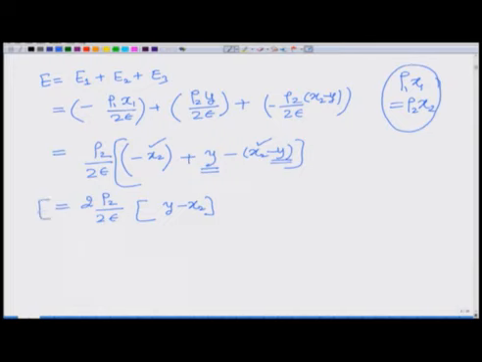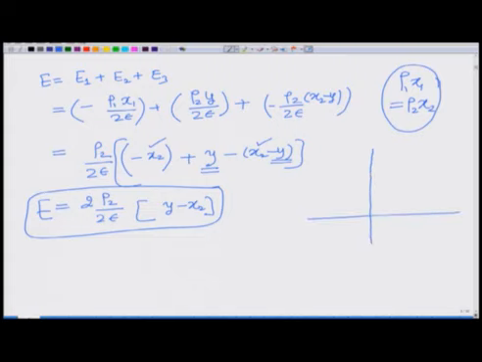So, if you plot this on the graph, if this is my electric field and this is x, remember we have done it for x greater than 0, to the right of the junction. So, how will that look like?